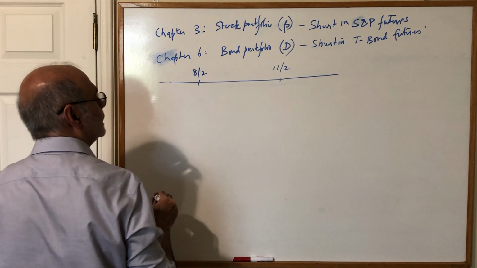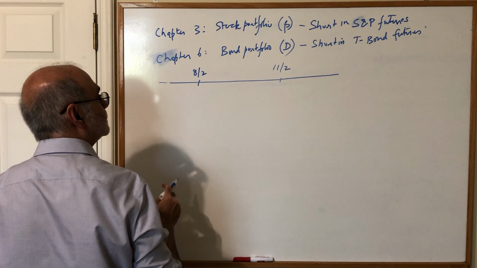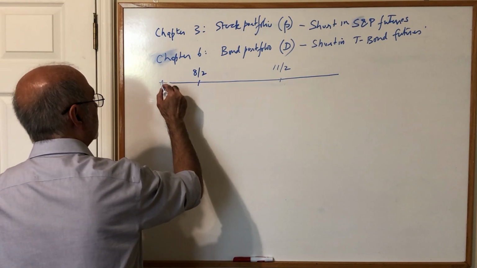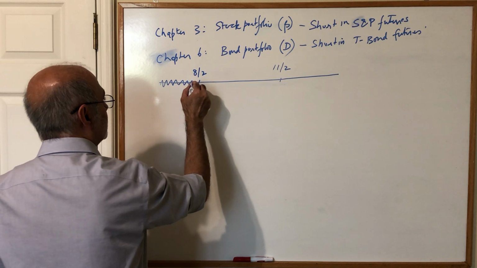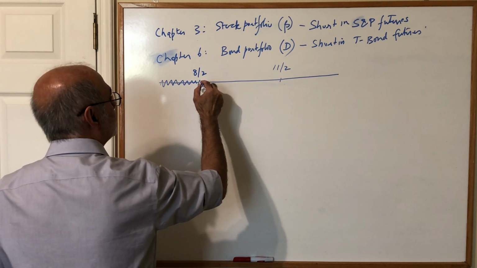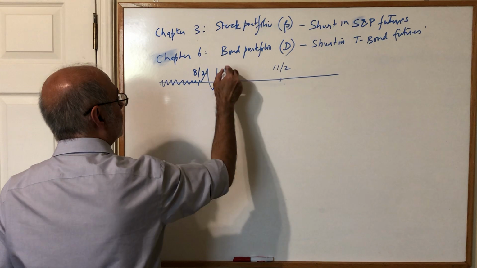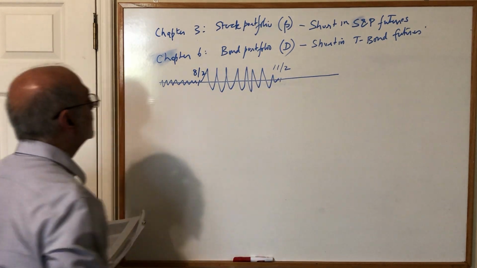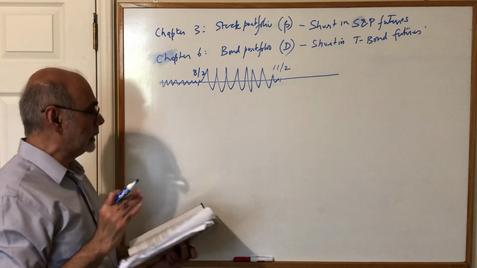Until November 2nd, this is what we're expecting. Let's look at interest rate volatility. Interest rate volatility is this, and over the next period, we're expecting interest rate volatility to be this. So we're expecting high interest rate volatility.